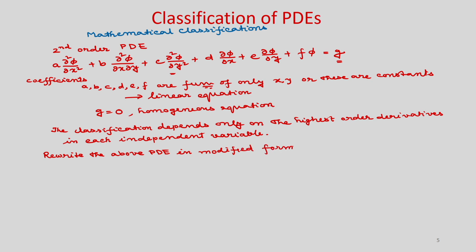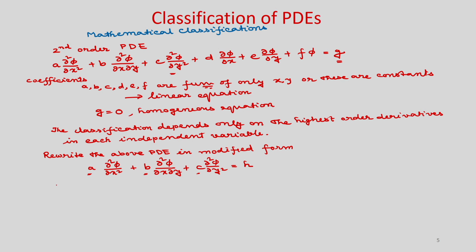We can write A del 2 phi by del x square plus B del 2 phi by del x del y plus C del 2 phi by del y square is equal to H. Now, mathematically we can classify it as follows, where A, B, C are the coefficients.